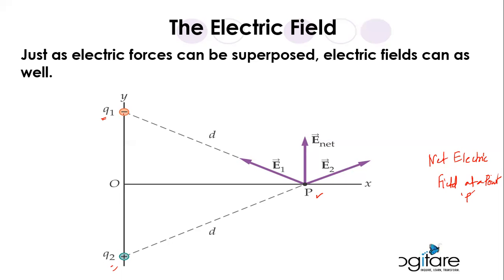So you have two charges, minus Q1 and plus Q2, and these will have their own electric fields around them, isn't it?